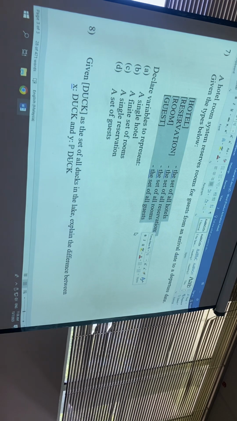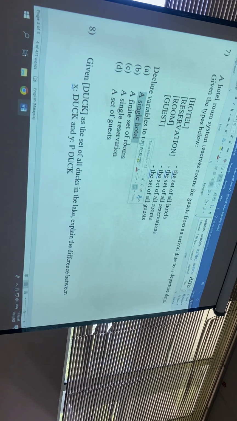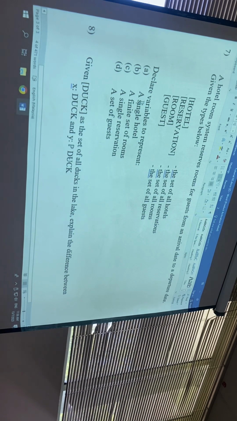And then what you have to do is declare a variable to represent this. Let's say I ask you how to represent a single hotel in your system. How are you going to do the variable declaration here?